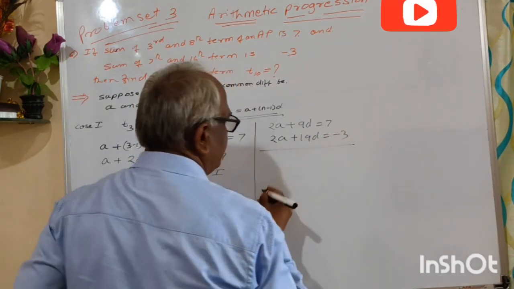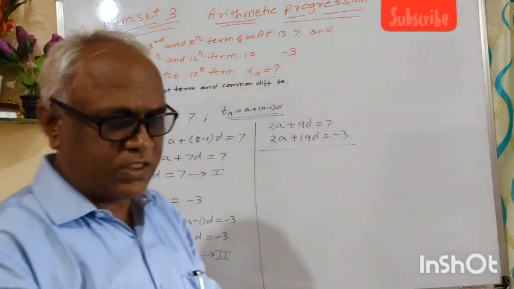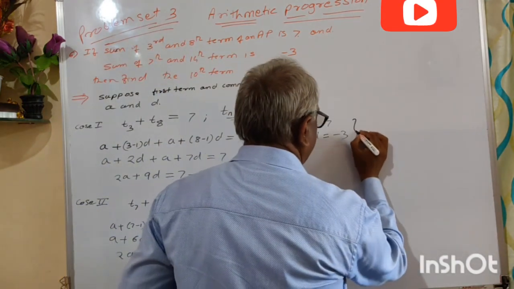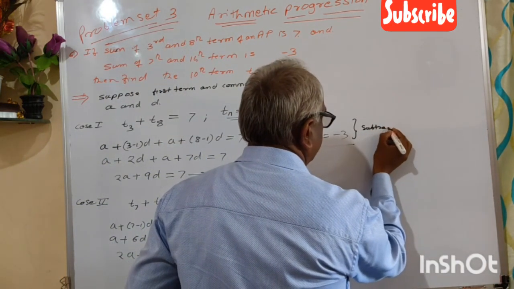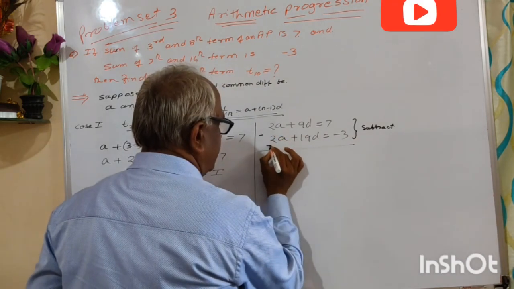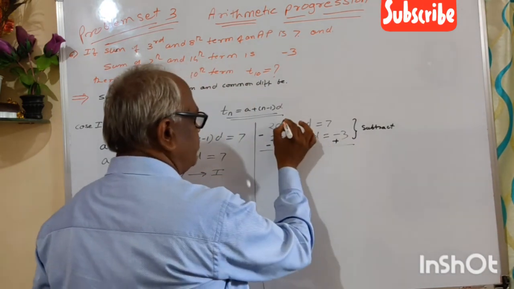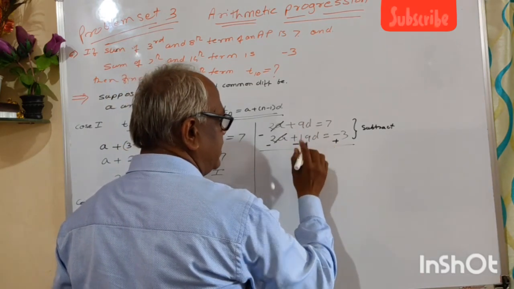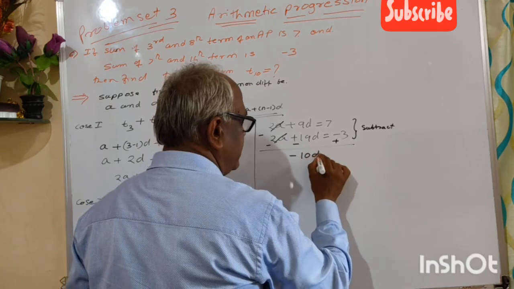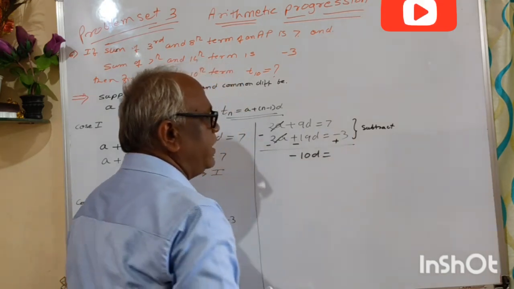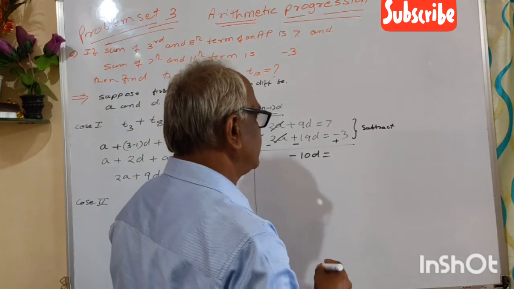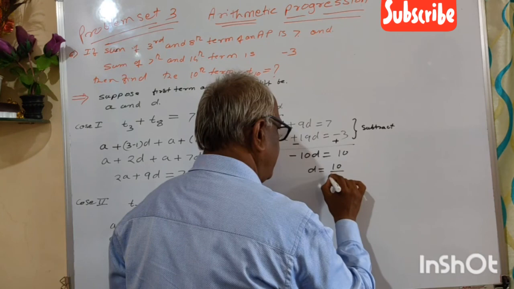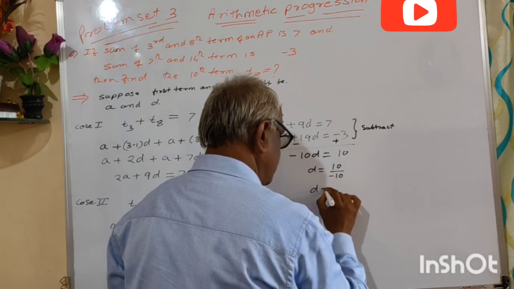Now if you subtract, after subtracting, change the sign. 2A minus 2A get cancelled. 9D minus 19D, that is minus 10D, is equal to 7 plus 3, that is 10. So D is equal to 10 upon minus 10, that is D is equal to minus 1.